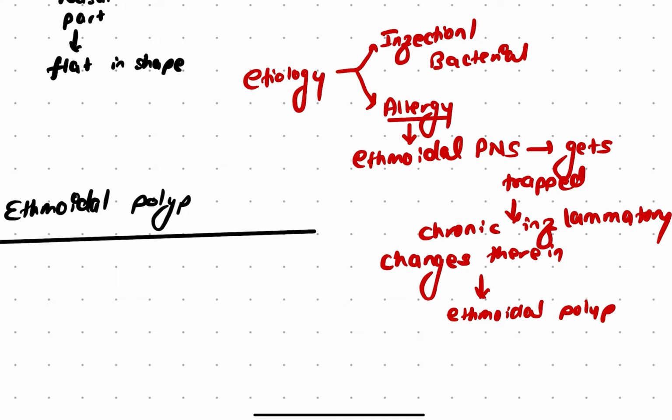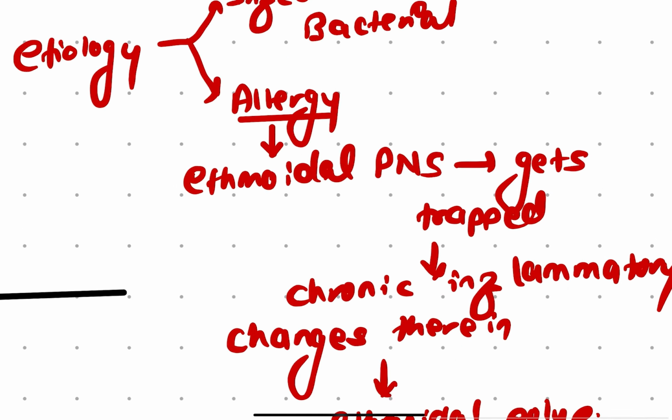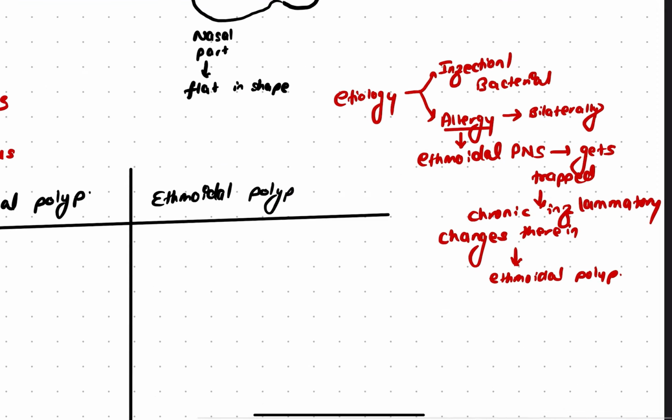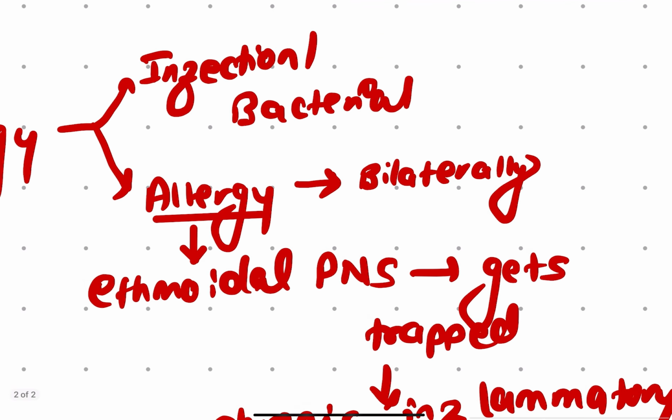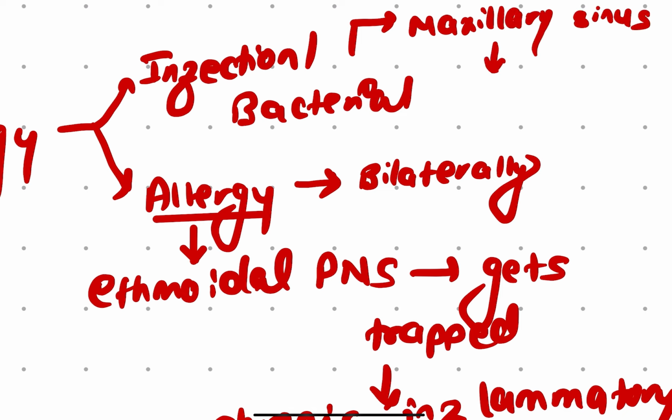As it is caused by allergen, and the allergen enters the bilateral paranasal sinuses, this polyp is seen bilaterally, while bacterial infection is most commonly seen in the maxillary sinus and gives rise to an antrochoanal polyp.